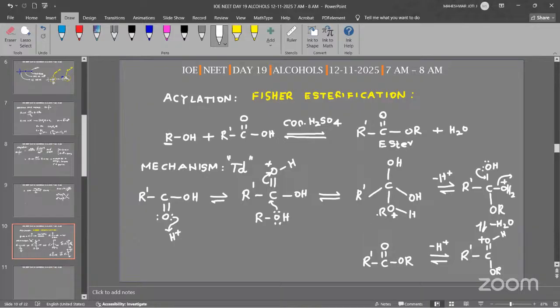Condensation reactions are reactions in which first addition takes place followed by elimination. Addition-elimination reactions are condensation. So formation of ester is an example of a condensation reaction, right? And the mechanism follows the tetrahedral mechanism because a tetrahedral intermediate is formed. Clear?